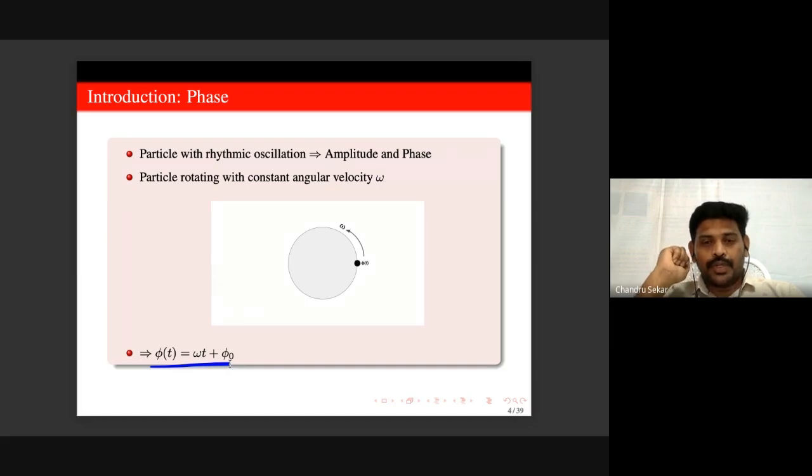And phi of 0 is the initial position of the particle on the circle. We call this the initial phase. And the radius of the circle gives the amplitude of the rhythmic oscillation. So phase is the angular position of the rotating particle or rhythmic oscillation. Done. What is a phase model?